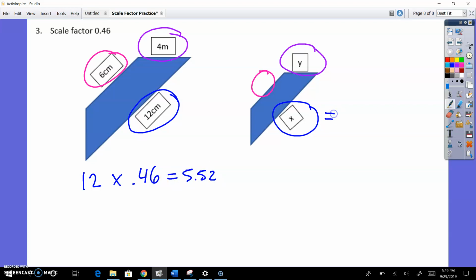So my x is equal to 5.52 centimeters. And then my y, 4 times the scale factor, meaning it's getting smaller. And my picture is showing that it is getting smaller. It was a reduction.